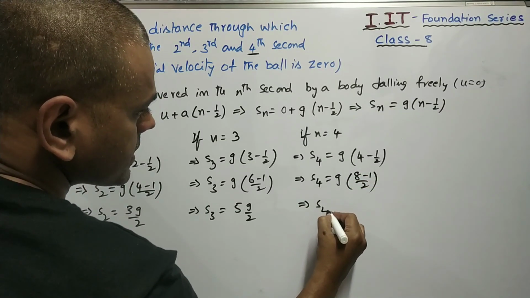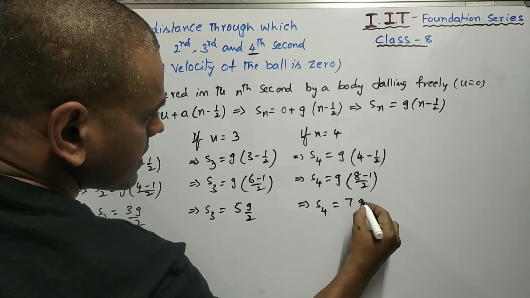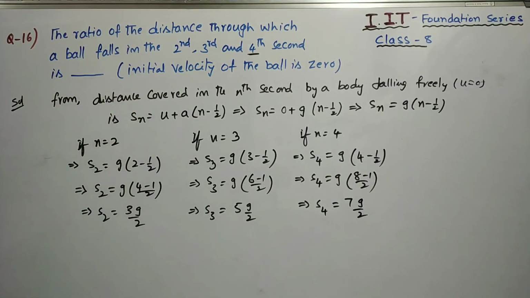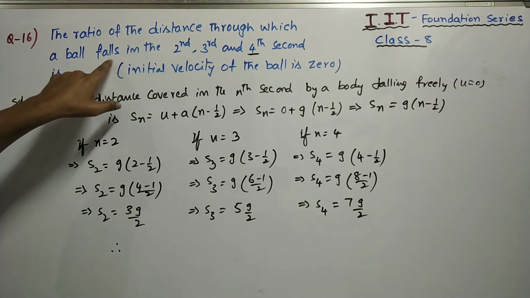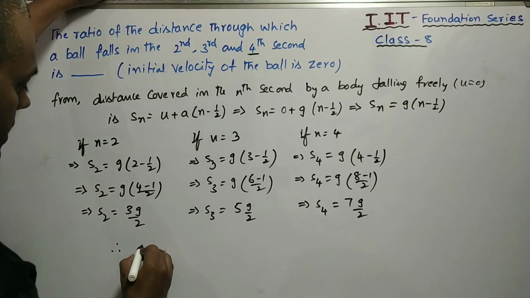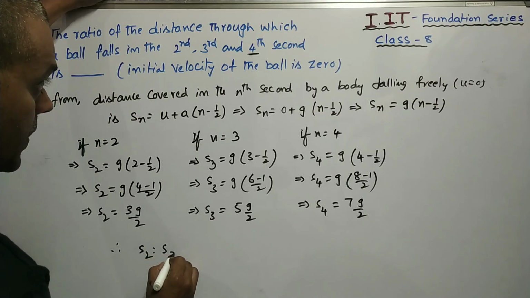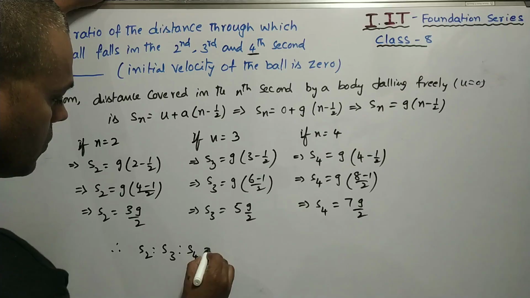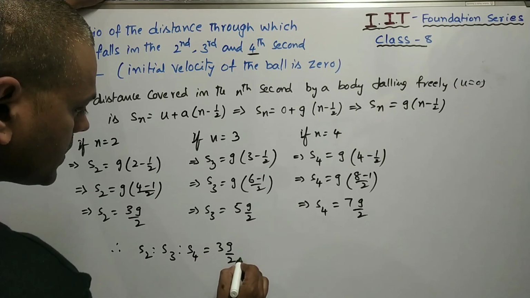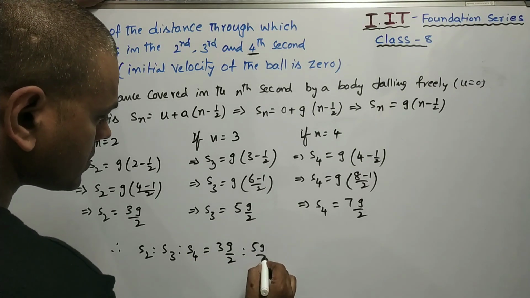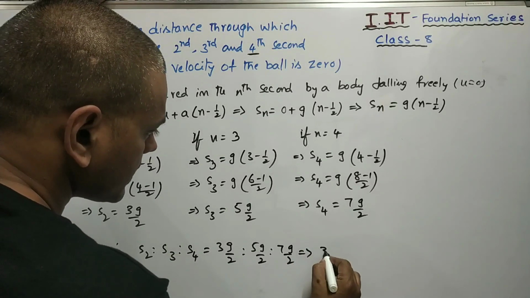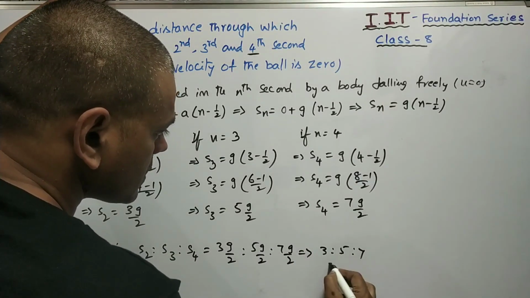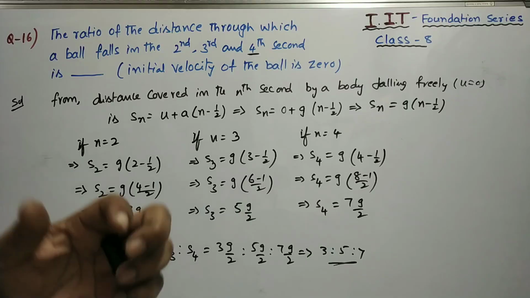That implies S4 is equal to 7g by 2. The question asks for the ratio, so S2 is to S3 is to S4 is equal to 3g by 2 is to 5g by 2 is to 7g by 2. That implies 3 is to 5 is to 7. That's it.